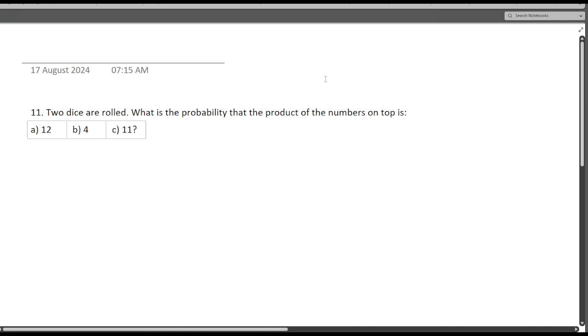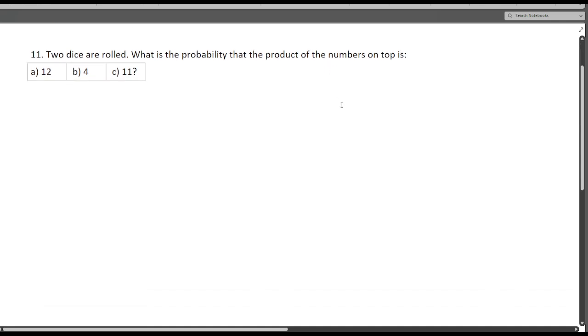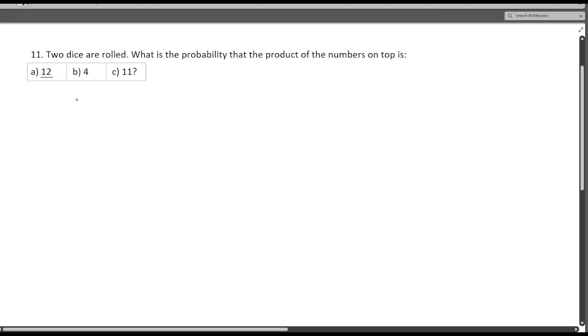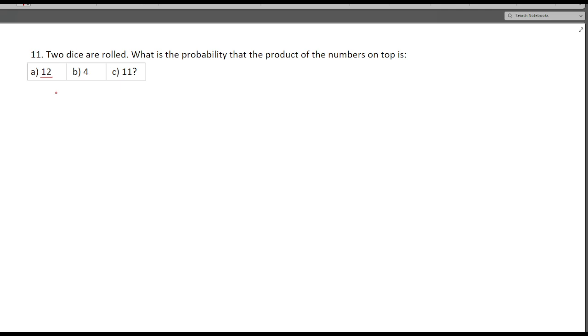Now question number 11. 2 dice are rolled. What is the probability that the product of the numbers on the top is 12? Okay, now product 12. So when 2 dice are rolled, I know that the total different outcomes are 36. Now out of 36 total outcomes, how many outcomes will favor the product as 12?